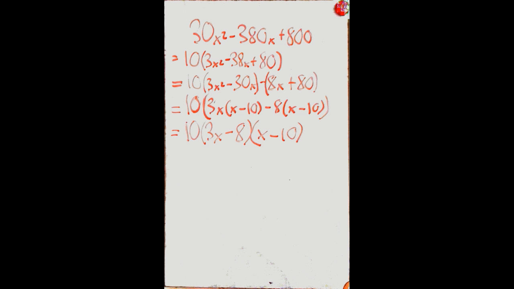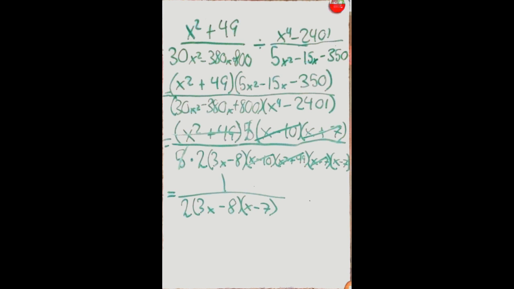That would be 3x in the first one, leaving x minus 10, and in the other it would be 8, leaving x minus 10. Then you take the terms that are outside the parentheses and put them in a separate parenthesis, and in the other parenthesis put the repeated factor.